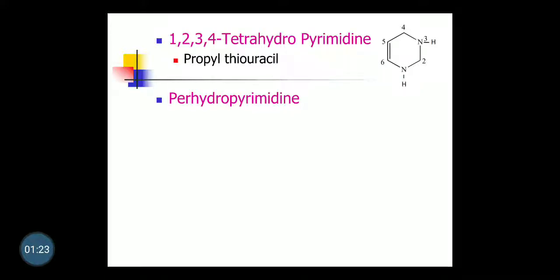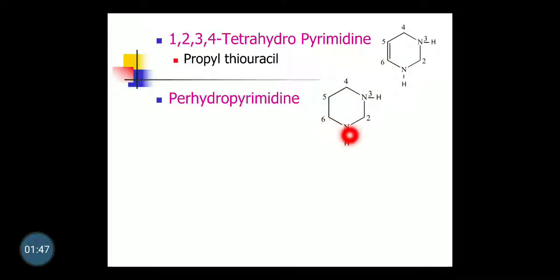Next ring is perhydropyrimidine. In this case, perhydropyrimidine is completely saturated. Even in the previous case we had seen, we had removed 2 double bonds. If we have removed all 3 double bonds, it becomes completely saturated. In the previous case we had to add 4 hydrogens to remove 2 double bonds. Now in this case we have to add 6 hydrogens to remove all 3 double bonds.